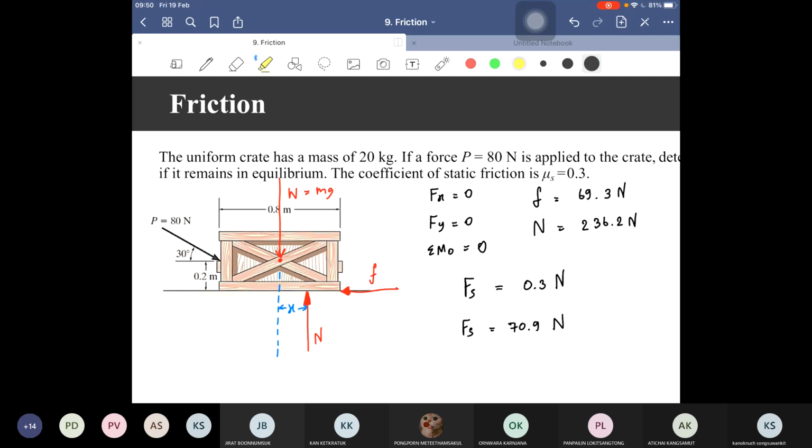So let's compare the friction force that occurs in this system and the maximum friction force that it can sustain. You can see that the friction that happened in this case is smaller than the maximum Fs, although it's very close. But it is smaller than Fs, so this box is not moving yet.